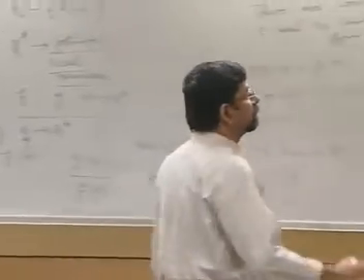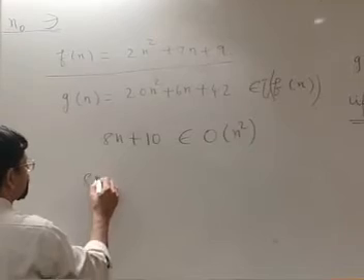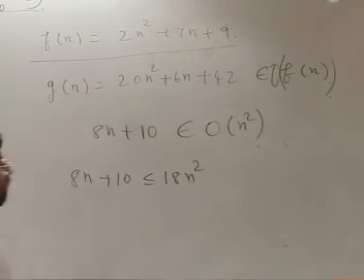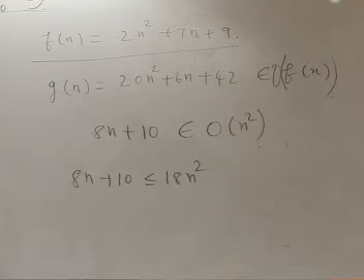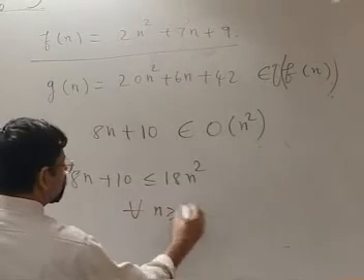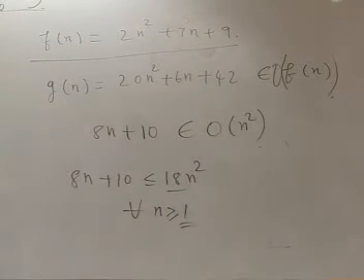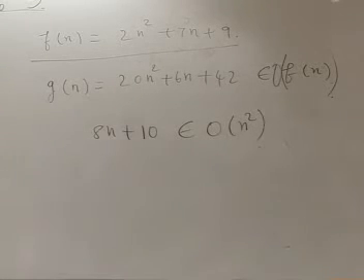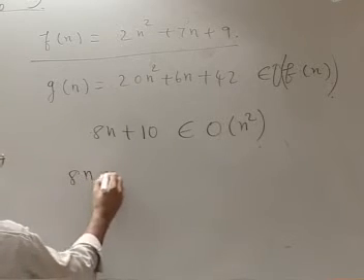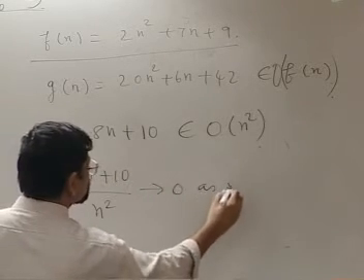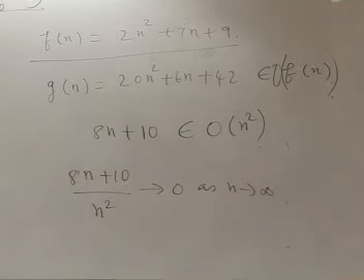In fact, if you want to work with a constant, 8n plus 10 is less than or equal to 18n square always for all n greater than or equal to 1. So 18 and 1 works for you, but I can use that test also. When I use that test, I have 8n plus 10 by n square. This goes to 0 as n goes to infinity.